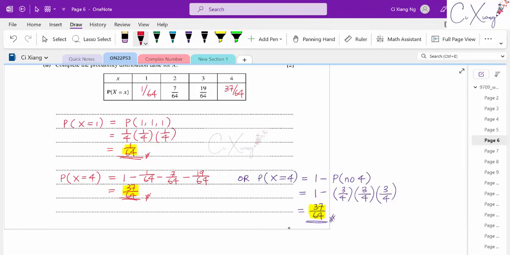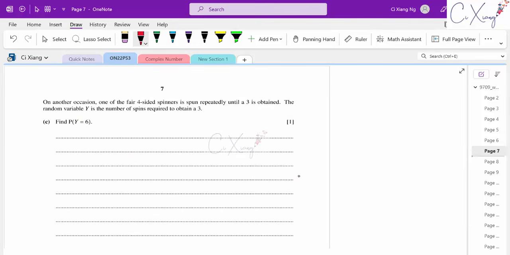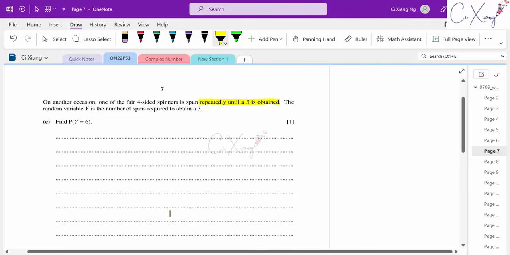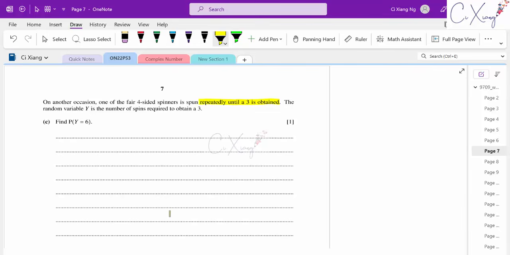Then we can proceed to part C for this question. For part C, they are saying that in another occasion, one of the 4-sided fair spinners is spun repeatedly until a 3 is obtained. So highlight this phrase of the sentence here. When we have this kind of question structure, with repeatedly until something happens, I think the keyword would be until.